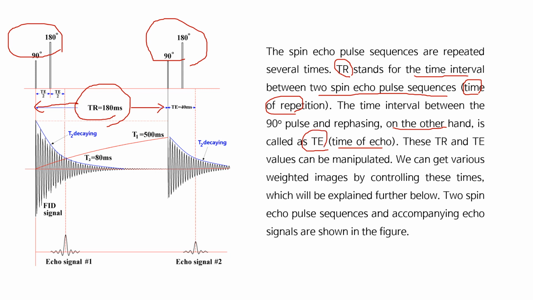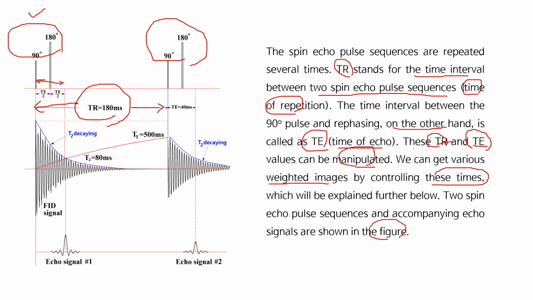So this time interval is called time of echo. This TR and TE can be manipulated, so we can control these two times. We can get various weighted images by controlling TR and TE. Two spin echo pulse sequences and the accompanying echo signals are shown in the figure.